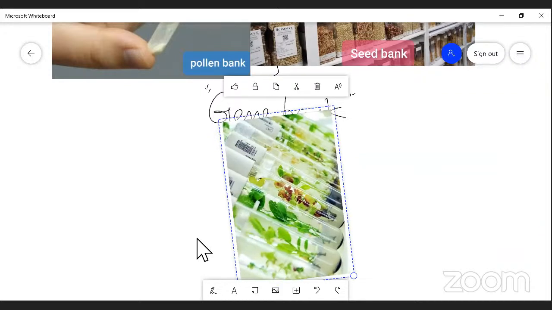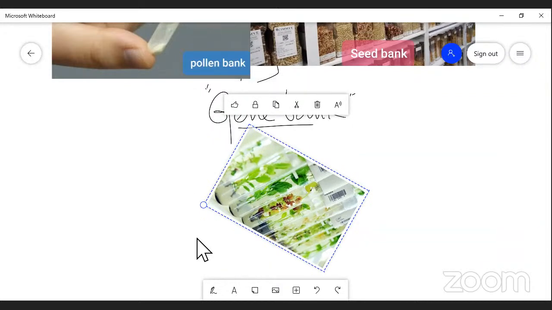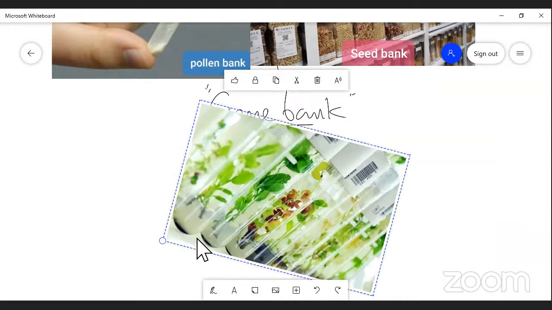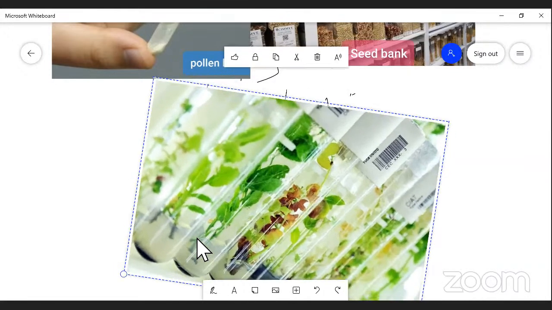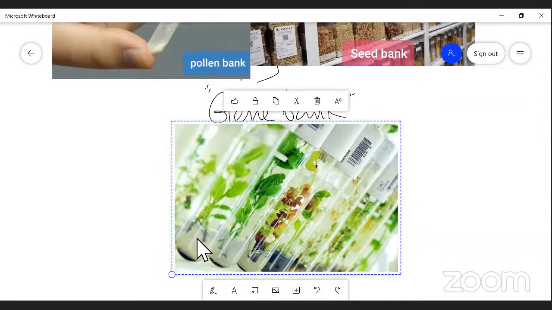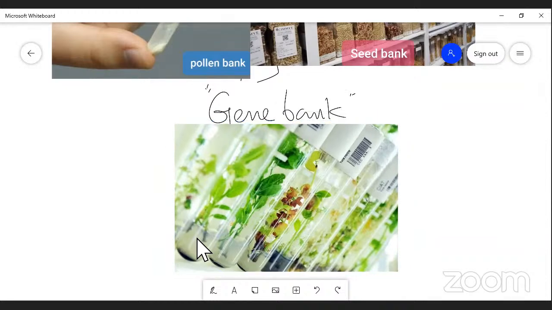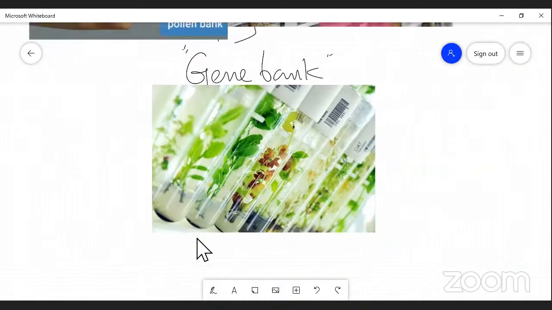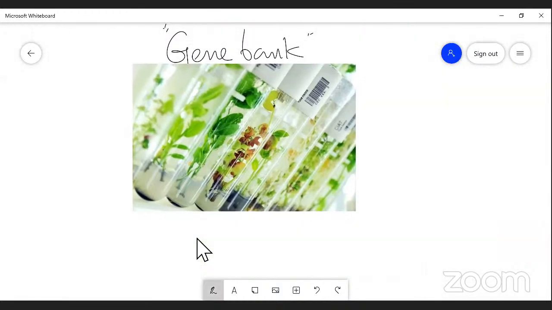Now you can see there are different kinds of plants, right? Yes, students, please see. Here you are seeing some plants, and these plants are indicated along with the gene. So a particular character is special.